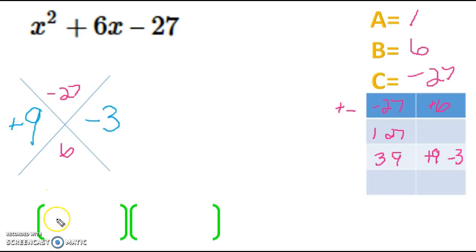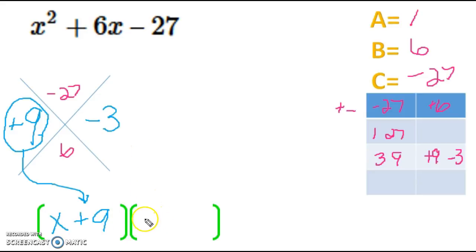Once again, put in your x, and the second term is positive 9. Go to your second binomial, put in your x, and your second term is negative 3.